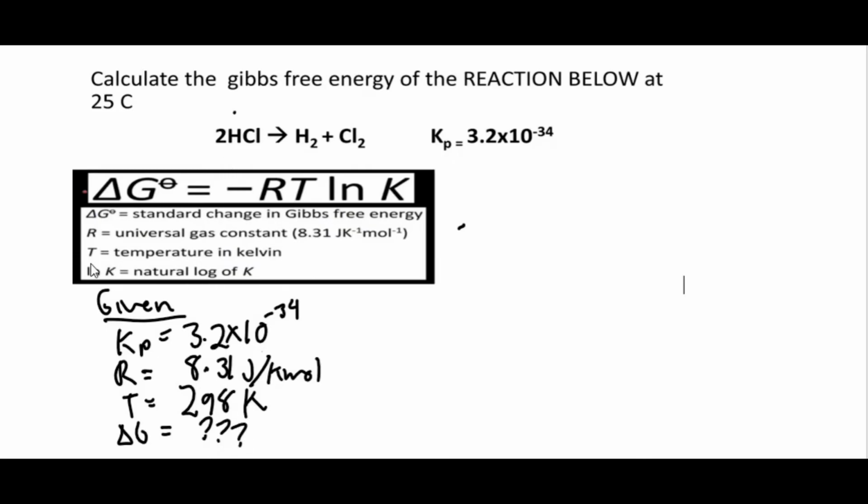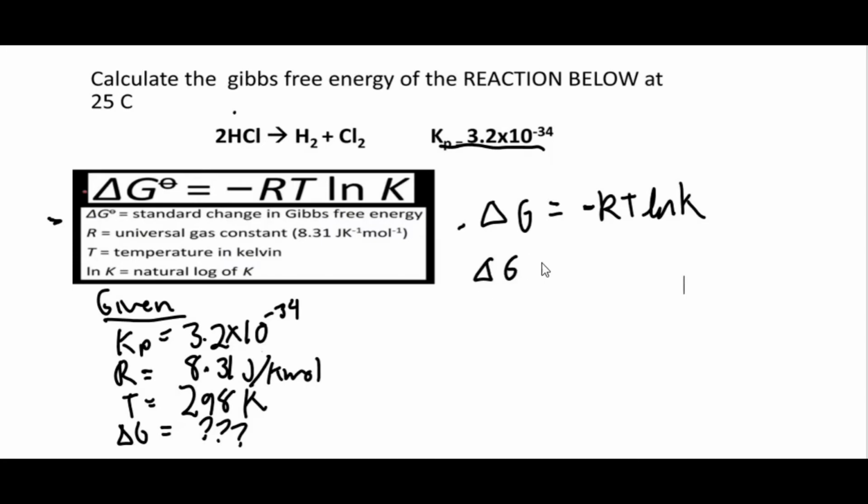This equation is ideal to use when you have the equilibrium constant. So let's start solving the problem. Now that we know the equation to use, all we need to do is G equals negative RT ln K, natural logarithm.